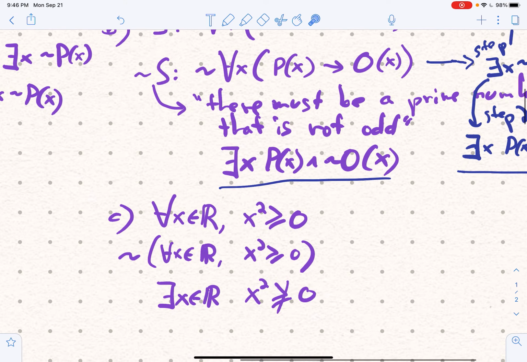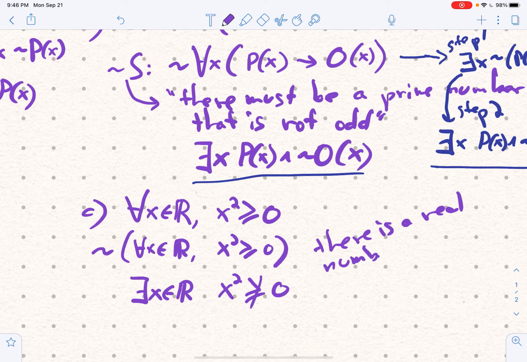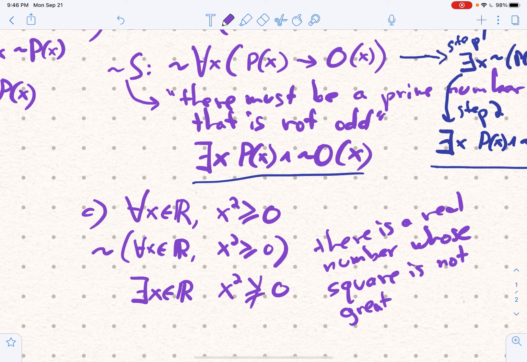And if we want to write this, so this is our answer, and if we want to write it in words, we would say something like, there is a real number whose square is not... Oh, let me see.